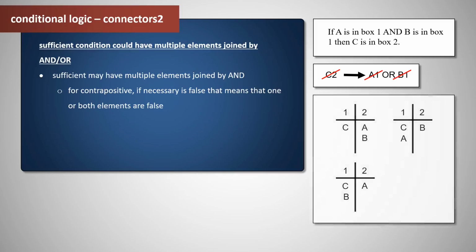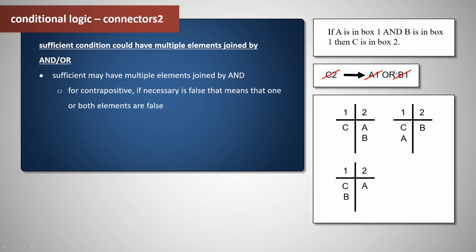So if we look at the diagrams, we see that this is captured by the situation where C is in group 1 in all of them. That means the sufficient of the contrapositive is activated. So you know that it's not the case that A is in 1, or it's not the case that B is in 1. You've got to have one or the other missing from 1. We've got B in 2, so that satisfies it. We've got A in 2, so that satisfies it, even though A is in 1 here and B is in 1 here.